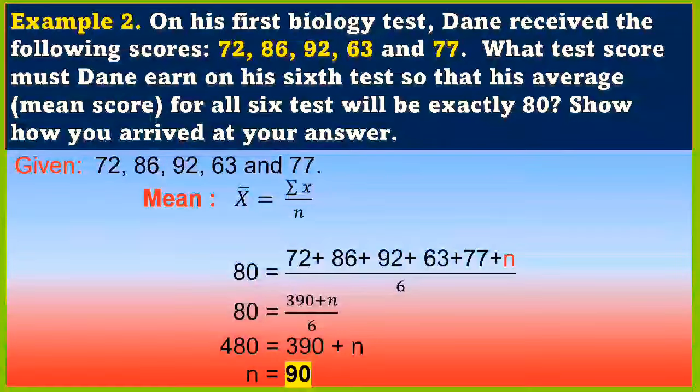By cross multiplication, we have 480 is equal to the sum of all the data in the numerator, 390 plus n, and applying the addition property of equality, the value of n is equal to 90. So therefore, Dane needs to get a score of 90 on his final test in order for him to get an average of 80.